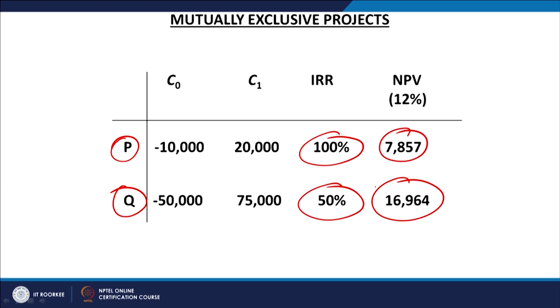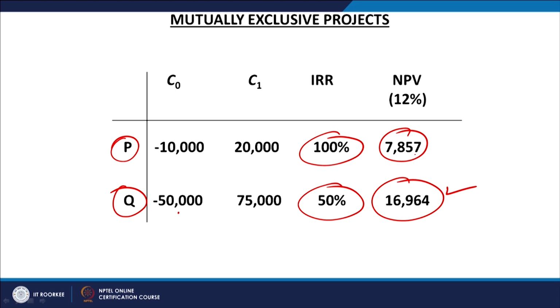Now, under the internal rate of return criterion project P is better because it is giving you the 100% IRR. Under the NPV criterion, project Q is giving you the better return, that is 16,964. So, though there is a limitation in the NPV also, that here you are getting the higher NPV but the investment is also very high. Here you are getting lower NPV, so the investment is also low.